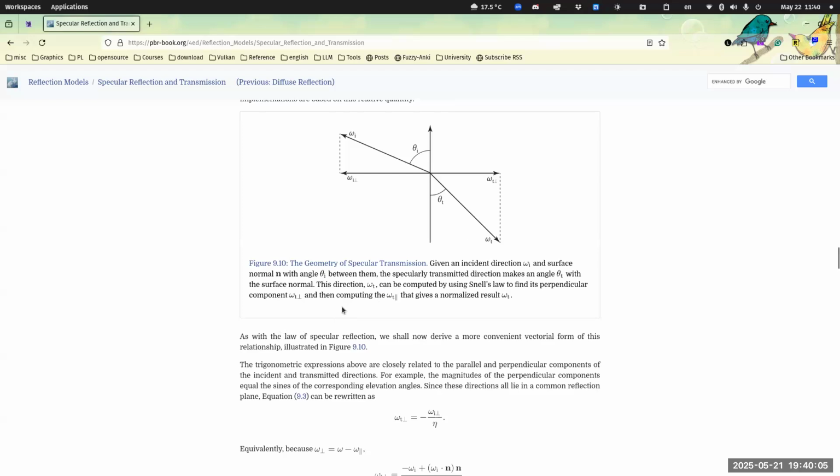As with the law of specular reflection, we should now derive a more convenient vectorized form of this relationship in 9.10.